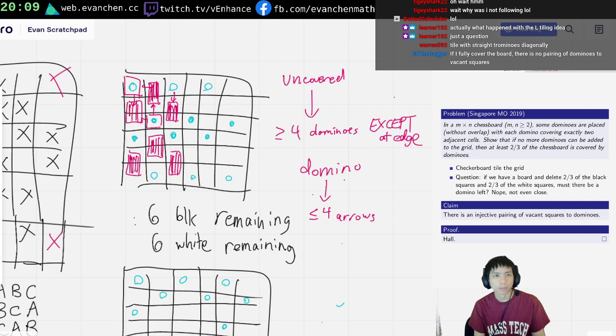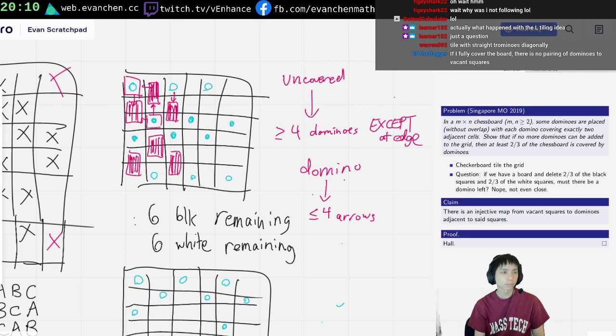There's no pairing of dominoes. Oh, sorry, not pairing. Injective. Pairing's the wrong word. Injective map from vacant squares to dominoes adjacent to said squares. And this will work.